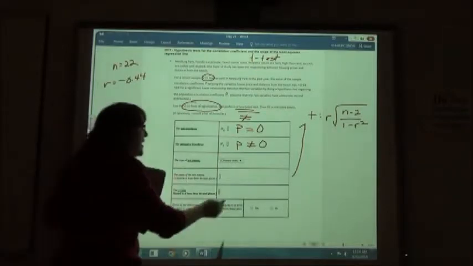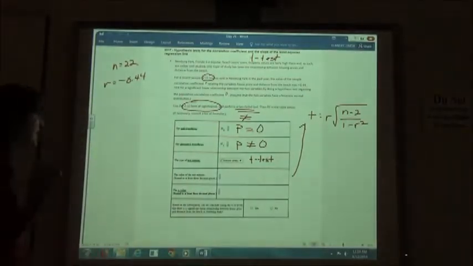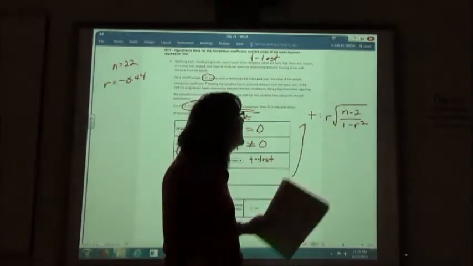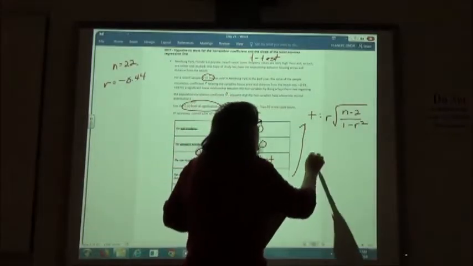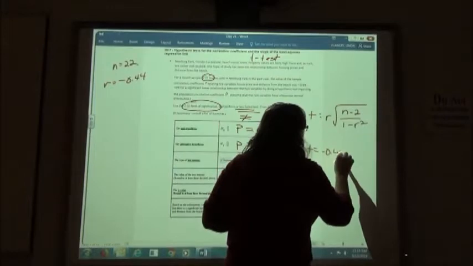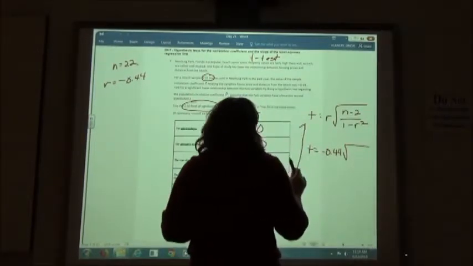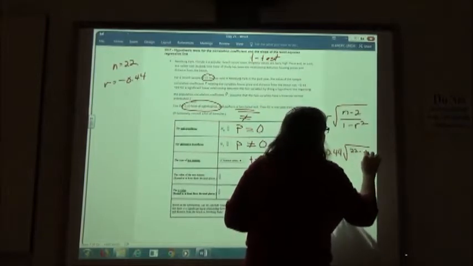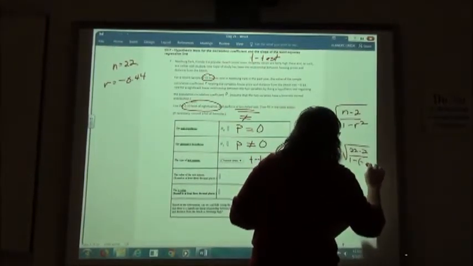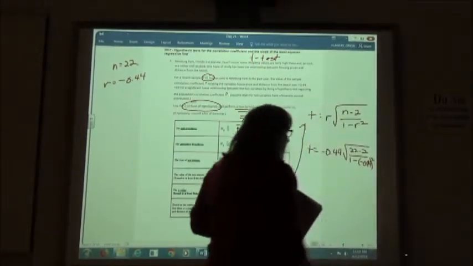Test statistic. We already said earlier, when we do this test, we're going to do the t-test, and then we're going to compute the value of our t-statistic by using this formula. So t is going to equal negative 0.44 times the square root of n, which is 22, 22 minus 2, over 1 minus negative 0.44 squared.